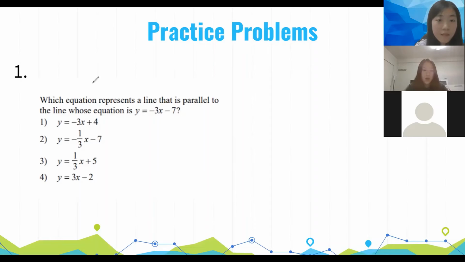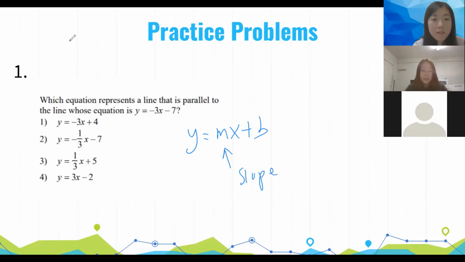If you look at all the answers in the question, they're all in the form of y equals mx plus b. So the slope is negative 3. To find a parallel line, we have to find which slope in the answer choices is equal to negative 3. Choice 1 is correct because they have the same slope.